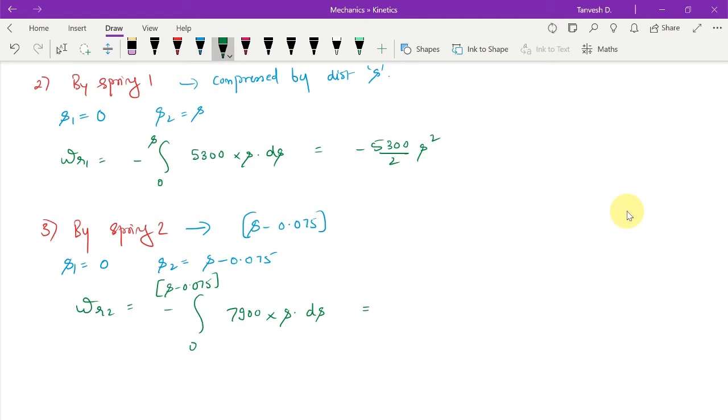So you will get this as minus 7900 upon 2 into S minus 0.075 whole square.